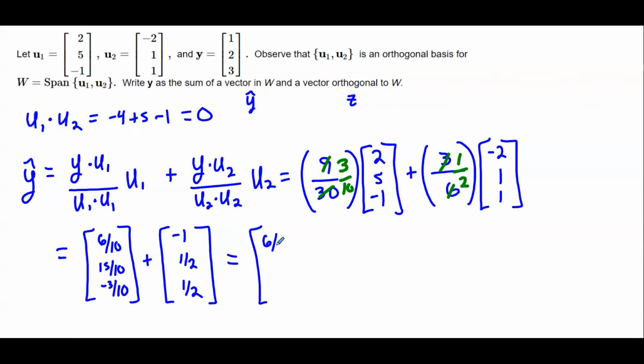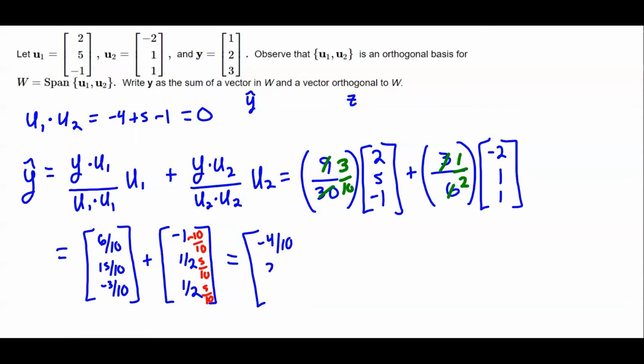I'm going to change these fractions. Let's change these to fractions over 10. So that would be negative 10 over 10, 5 over 10, and 5 over 10. Negative 4 tenths.